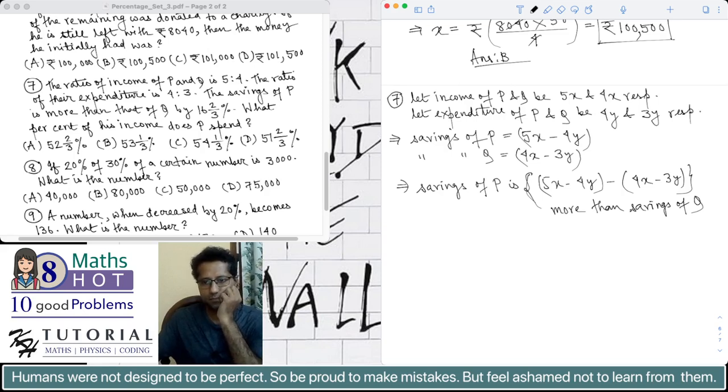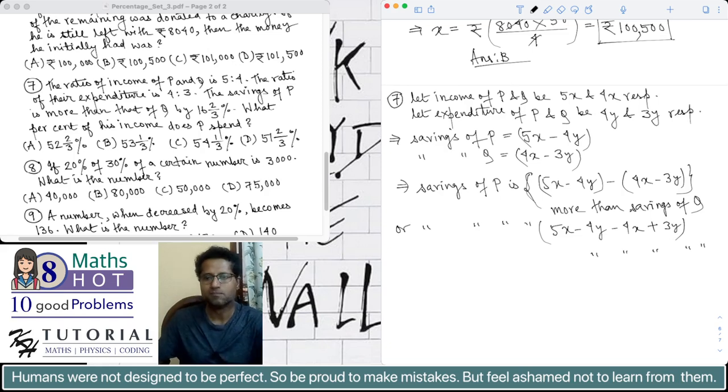If you simplify, savings of P is 5x minus 4y minus 4x plus 3y more than savings of Q. If you simplify this expression, 5x minus 4x is x, and minus 4y plus 3y is minus y.